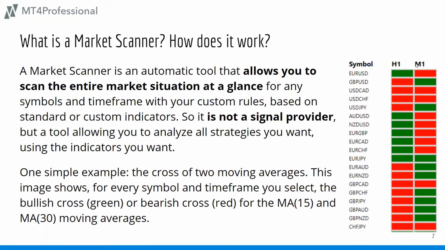You can see the example over here on the right of something like that, where you have all of your symbols, whatever time frames that you select, and then you get either a bullish or a bearish indication on that time frame for that symbol. Looking at that, you can very quickly do your own very smart analysis, saying that, okay, these instruments here are bearish on the short term, but they're bullish on the long term.